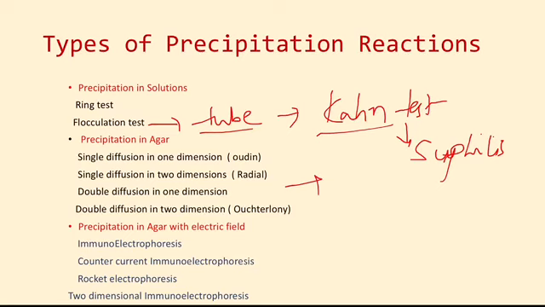In this method, serial dilutions of the toxin or the toxoid are prepared and added to tubes which contain a fixed quantity of antitoxin.